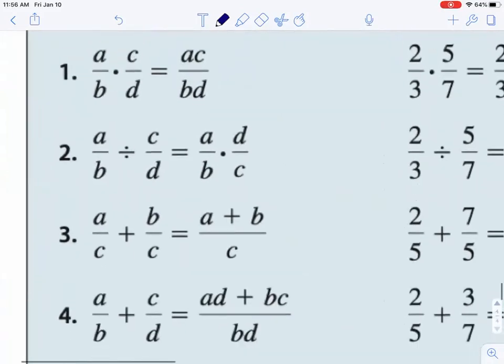Right. What if we have something like this one here?